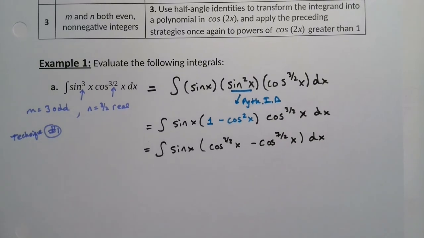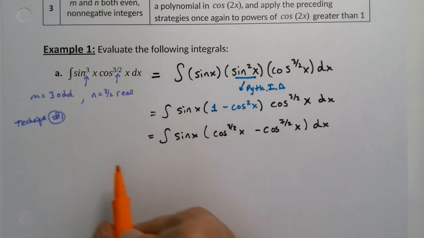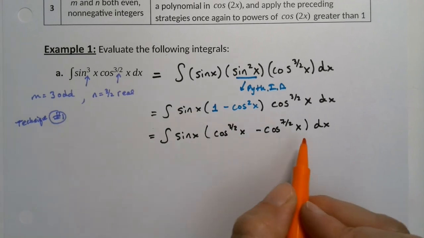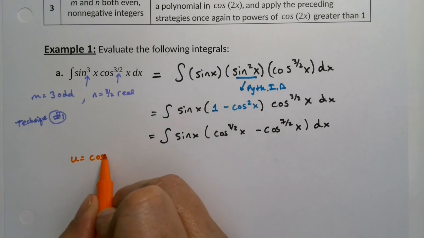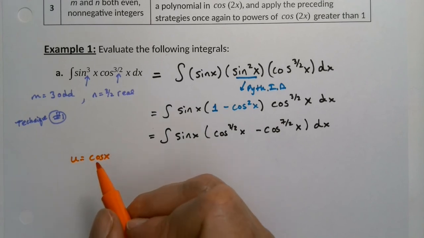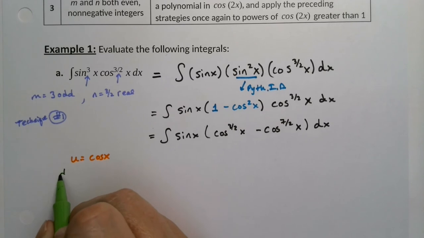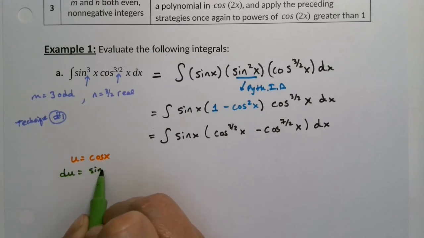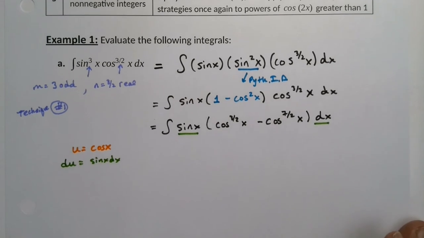Now, technically, we could have used u-sub a step earlier if we wanted to, or we could use it right now, but I wanted to wait until I got to this point. So then u would be cosine of x. I mean, they tell us that right in the method. They say use cosine of x. So I did. Then the derivative would be sine of x dx, which is why I broke off that sine of x in the first place.